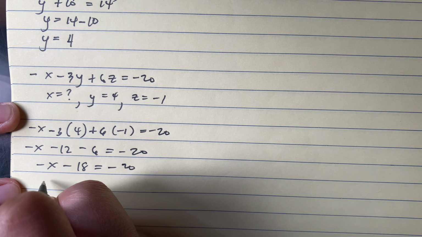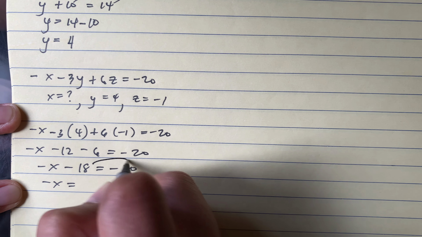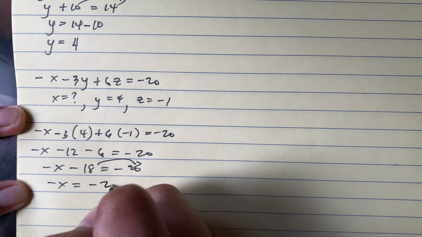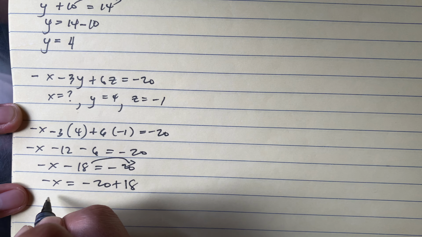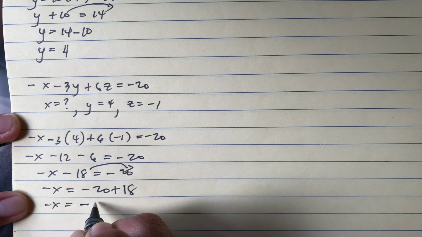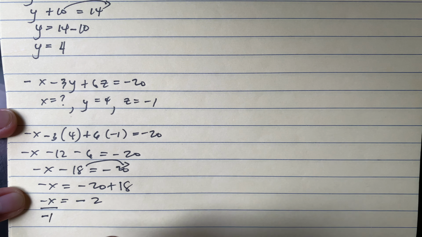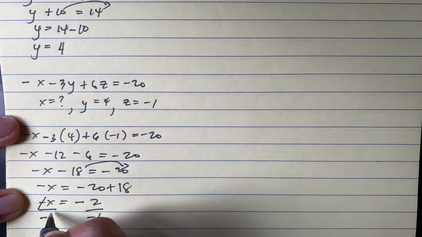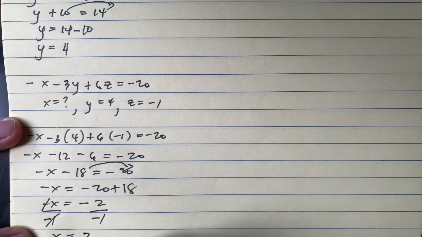Then negative x is equal to, let us transpose negative 18, so negative x equal to negative 20 plus 18. Then negative x is equal to negative 2. Then divide both sides of the equation by negative 1, so this will be cancelled. So we have now the remaining x is equal to 2.